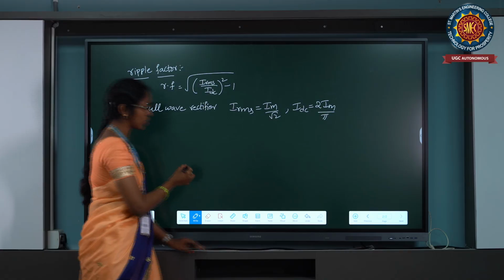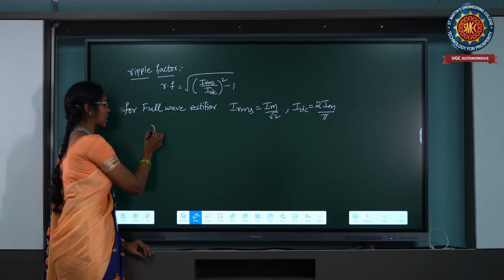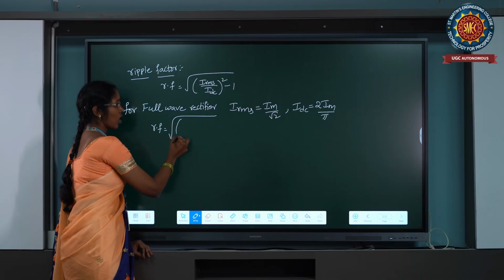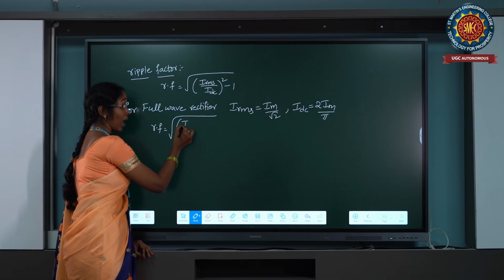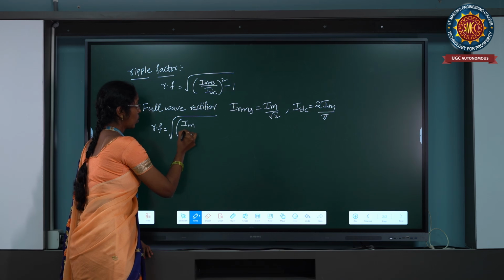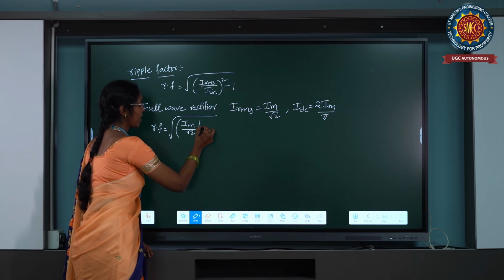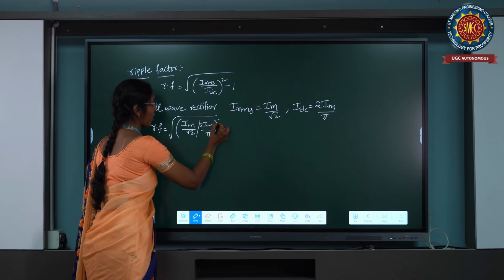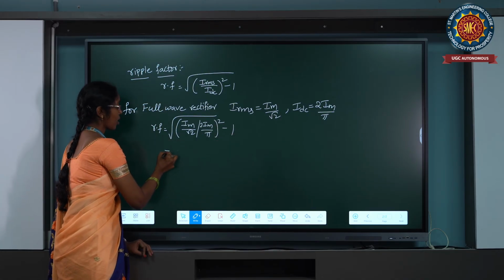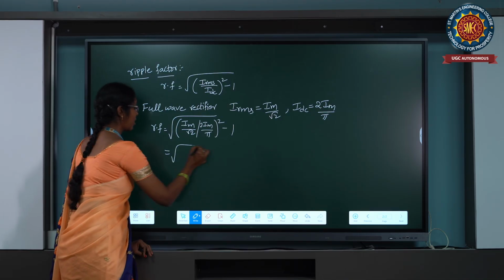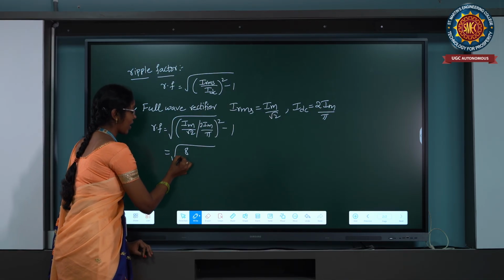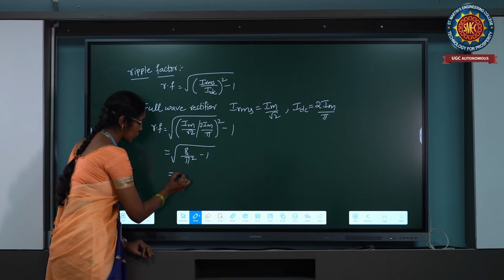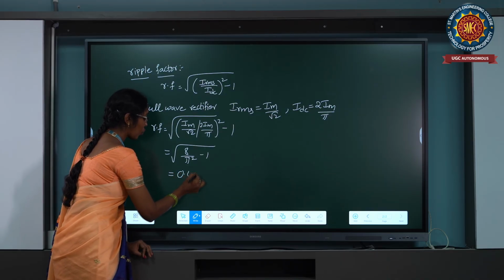So we have to substitute these two values in the ripple factor formula. Then ripple factor RF is equal to root of (Im by root 2 by 2 Im by pi) whole square minus 1. Im gets cancelled. The value of this is root of 8 by pi square minus 1, that is equal to 0.48.